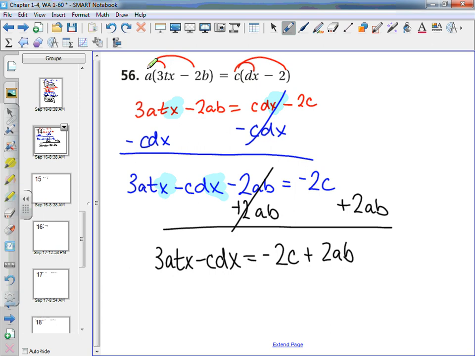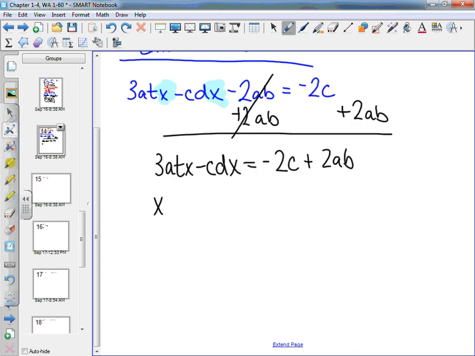What do I do? Go fish, right? Pull out the X. That's their GCF. So if I'm going fishing, pull out that X. What do I get? 3AT minus CD, excellent, is equal to the jump.